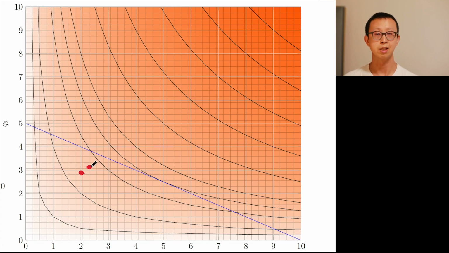But this process doesn't have to stop here. We can keep pushing up towards the upper right corner and improve the consumer's utility by moving up again and again and again until we hit the budget constraint, at which point we can no longer push up towards the upper right corner by increasing both good 1 and good 2.